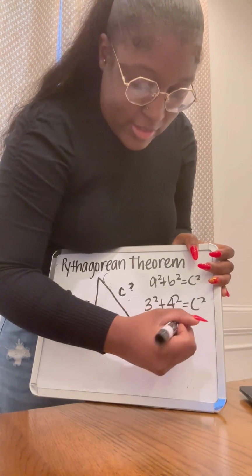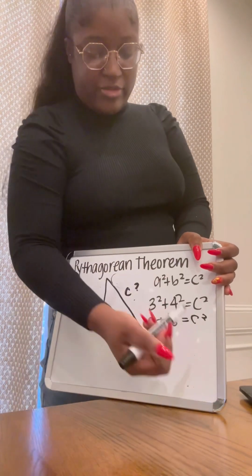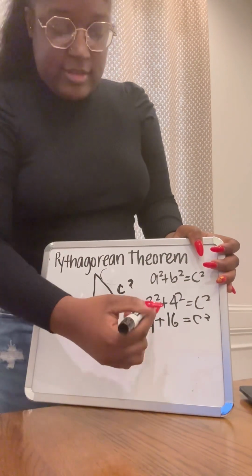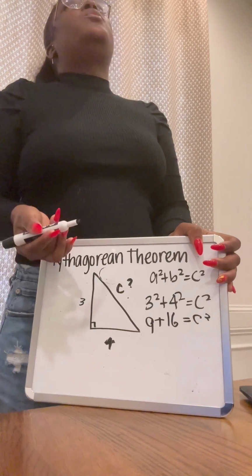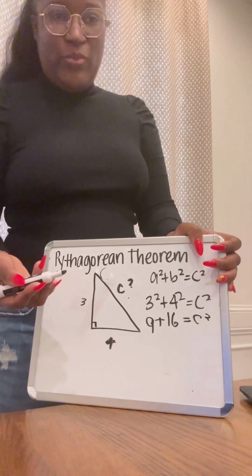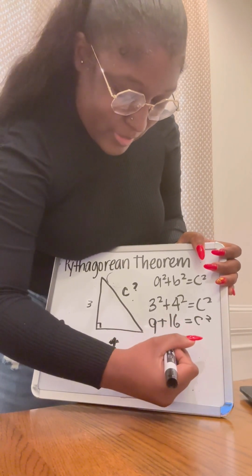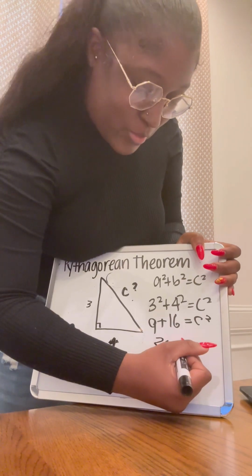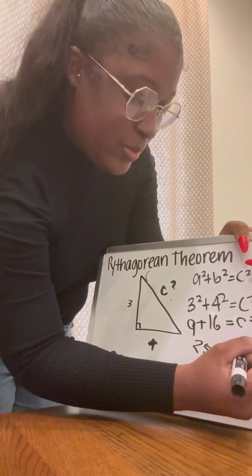And then that's going to equal c squared because we're trying to find out what c squared is. So you're going to bring that down. Okay, so the next step that we're going to do is 9 plus 16, which is going to be, correct, 25. Oops, yeah, 25 is equal to, let me move it over a little bit, c squared.